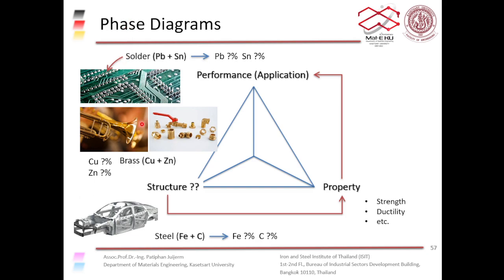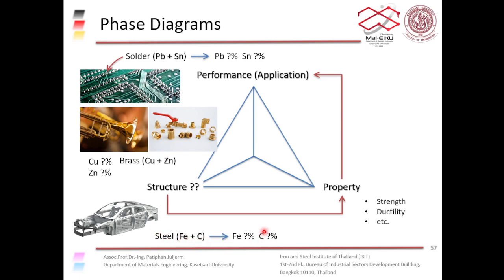And when we are choosing these materials, whether it's steel, brass, or solder, how do we know which composition to use, right? How do we know which composition of steel to use for which application? For example, steel is an alloy of iron and carbon, right?